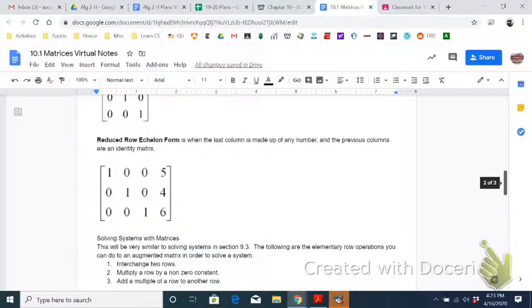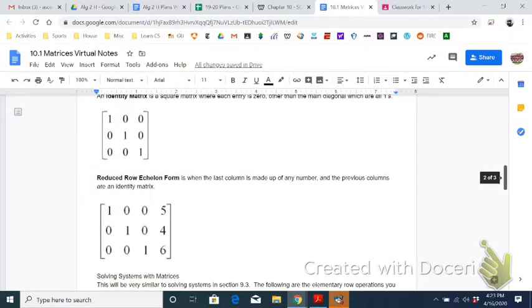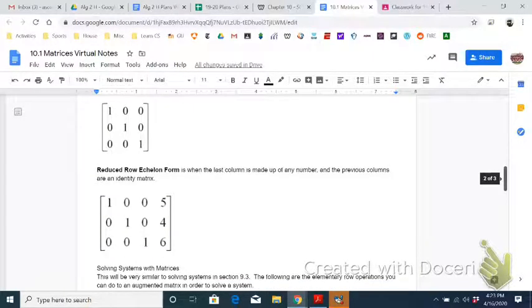For reduced row echelon form, that's when you take an augmented matrix that usually represents a system of equations and do Gaussian elimination, like we did in Chapter 9 when we did elimination to solve systems of equations. And reduced row echelon form is when you get this coefficient matrix as the identity matrix.